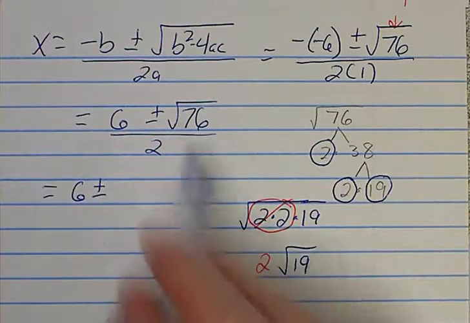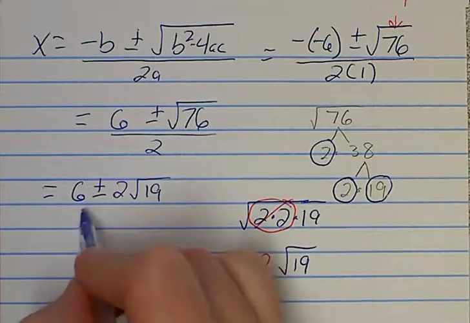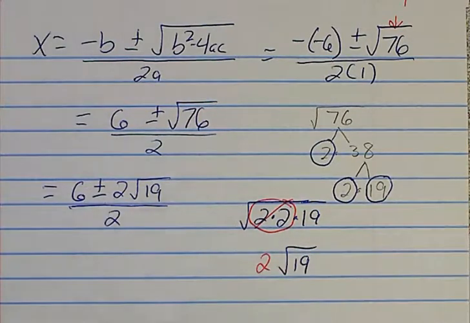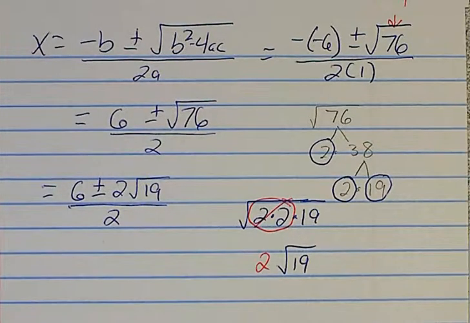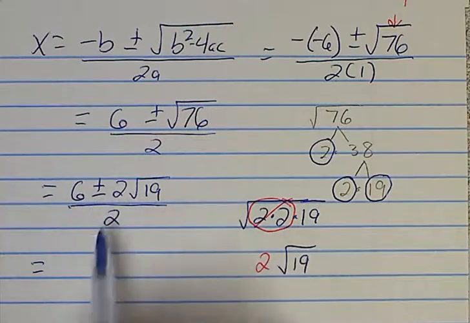Okay, so that square root of 76, we can make it 2 square root of 19. And it's over 2. Now here's where they're going to ask you to go that one more step and kind of break it up into different parts. That it's everything divided by 2, you actually have to kind of separate the parts.